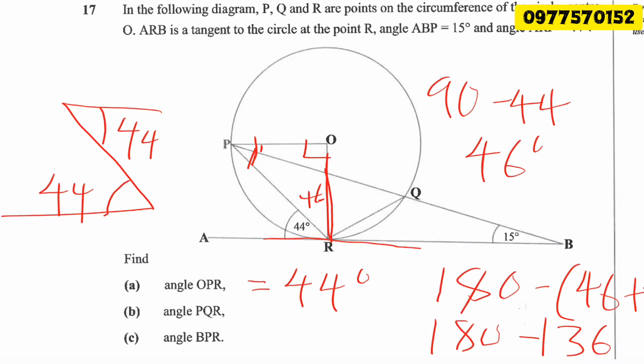Then 180 minus 136 is 44. You see, you can use this or just this property. The answer will still be 44. Are we together? Very good.